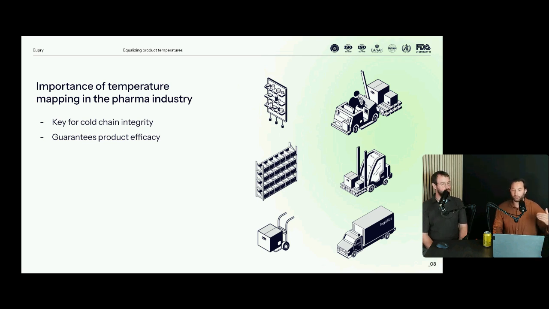But then it also guarantees mainly the product's efficiency, right? That the product itself comes to the end user or to the market fit for use, so that there were no fluctuations that impacted the effectiveness of the goods you've been handling.